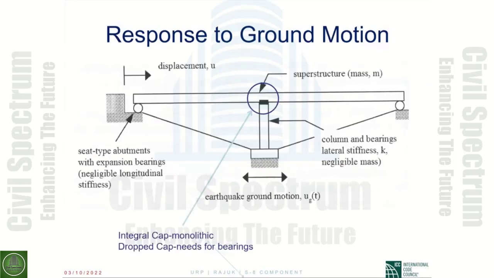So if you look at the response of the bridge in the longitudinal direction, at the end, if you have a C-type abutment, you need to allow the displacement at that location, because you have the elastomeric bearing pads at the end of the bridge and they tend to slide, and you want to allow the bridge to slide. If you don't have ample seat width, you will unseat the bridge or you will damage the abutment.